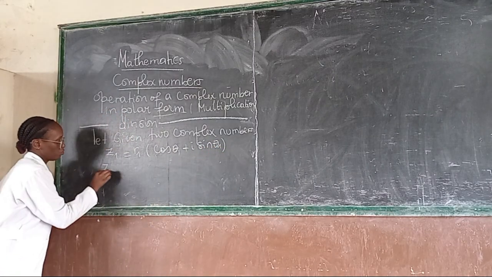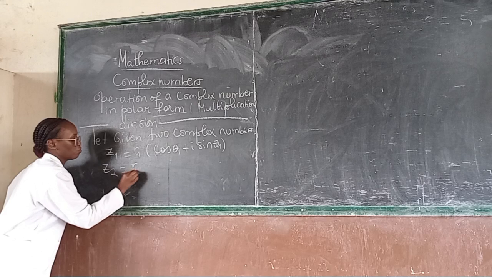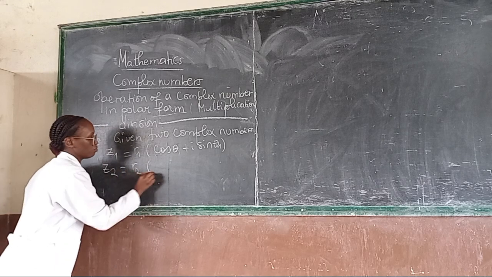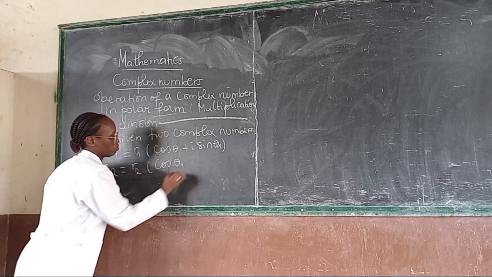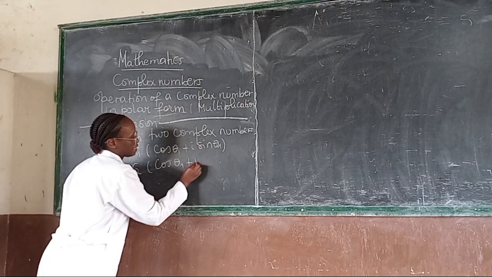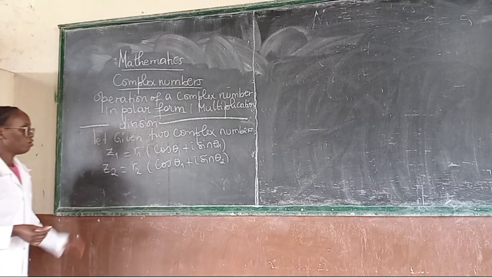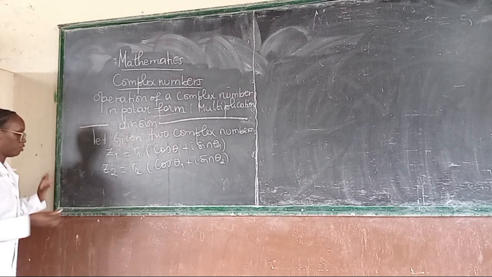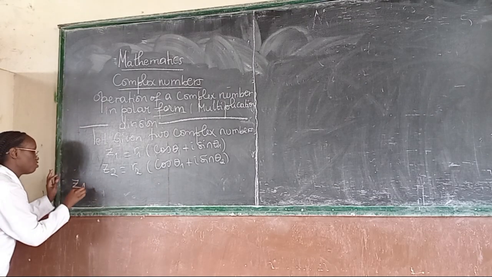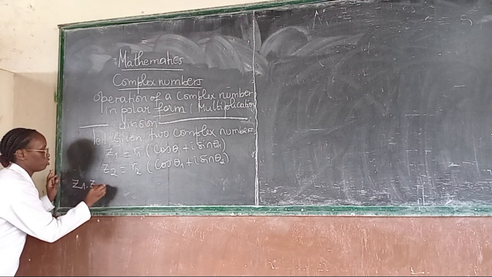We have also Z2, which is equal to modulus 2 (cosine theta 2 plus I sin theta 2). We are going to start with multiplication. So what will we have if we take Z1 times Z2?